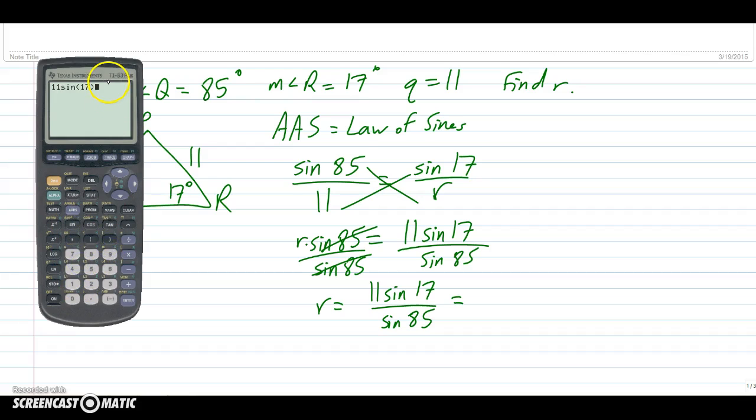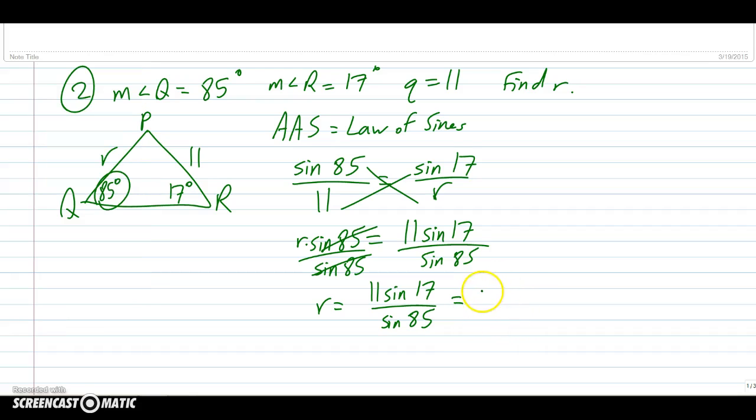Make sure you close that second parenthesis, be careful, otherwise your calculator will do something drastically different. I hit enter and get 3 point, rounding to the tenth, 3.2. R is 3.2.